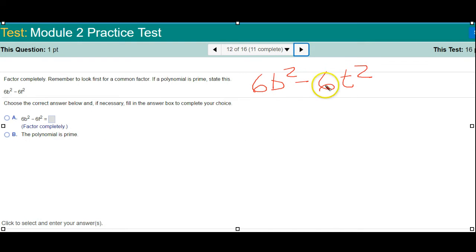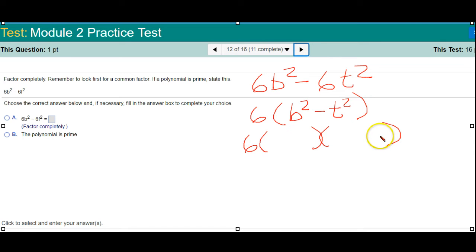And here we're asked to factor this. Well, again, there's a common 6. And we end up with the difference of perfect squares, which always factor into their conjugates.